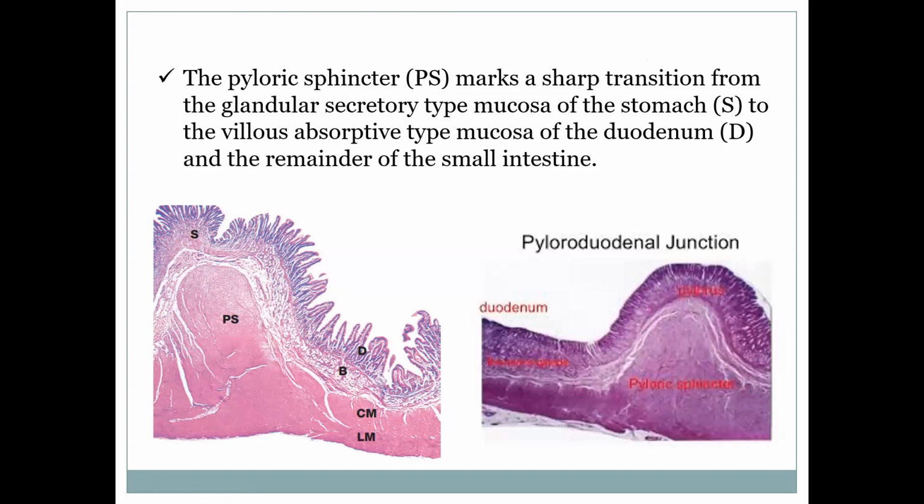It is a place which shows a very abrupt transition from the glandular secretory type mucosa of the stomach to the villous absorptive type mucosa of the duodenum here, and the remaining small intestine.